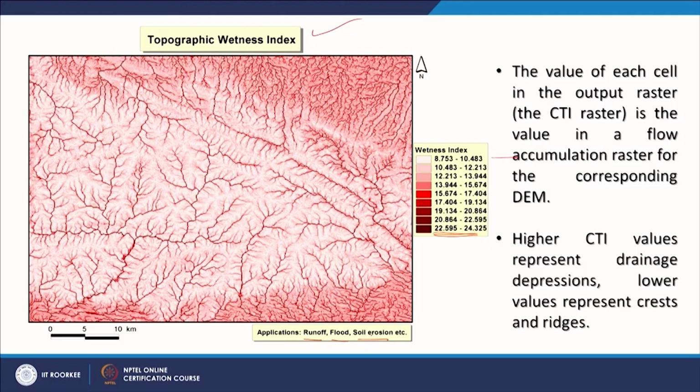And higher CTI or TWI values represent the drainage depressions. Obviously, these are the drainage lines which are shown here in the dark maroon color. Lower values represent the crests or ridges, as you can see if I draw here, and roughly these are the ridges which are here.